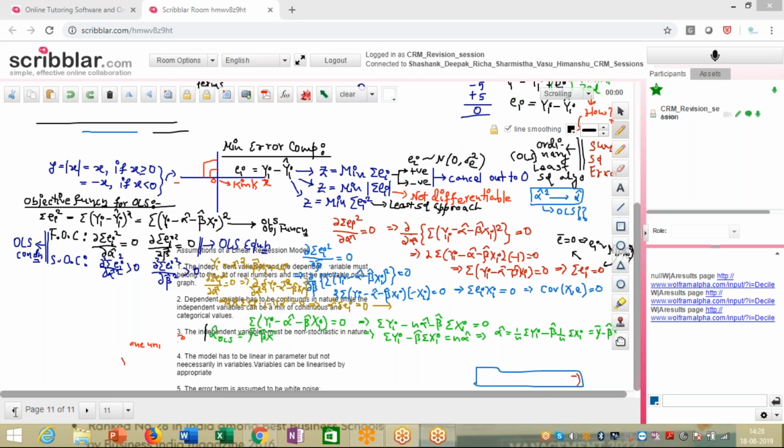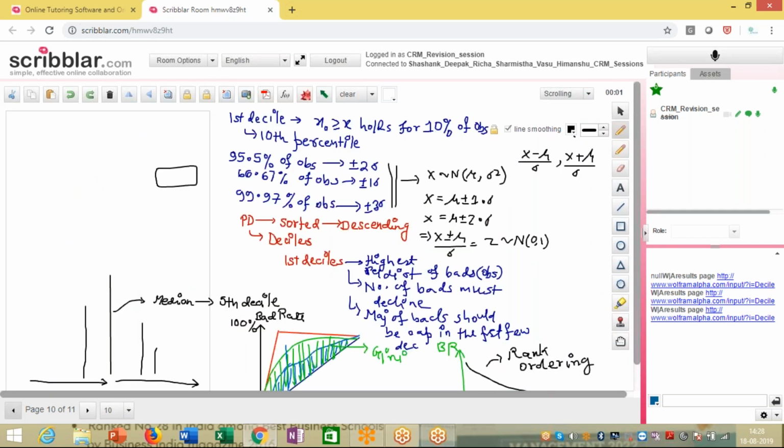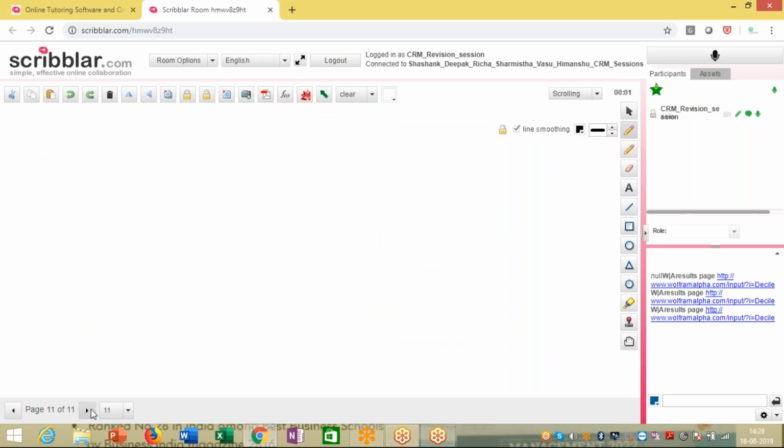So that's the roadmap for today's discussion, right? And as we proceed, we would also try to understand the implementation of this particular model with the SAS platform.